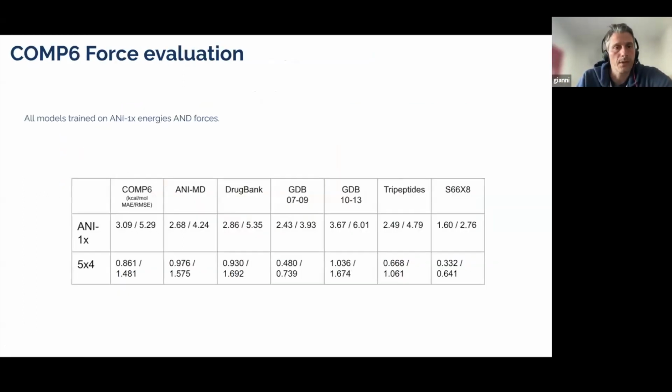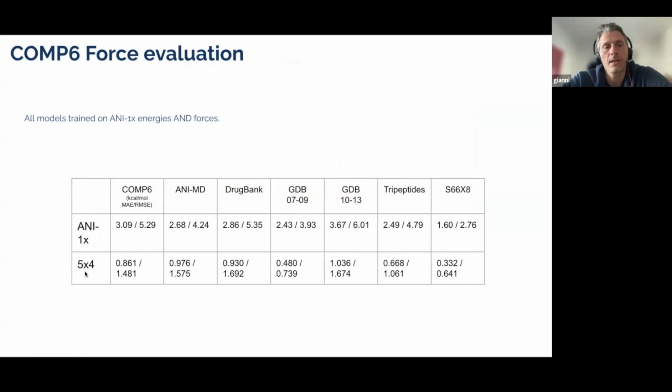And just to give you, you mentioned ANI, this is how it compares to the ANI-1X model, compared to our equivariant transformer, no? So the error in forces, in both MAE and RMSE. You see it's like 3-4 times better on the same data.